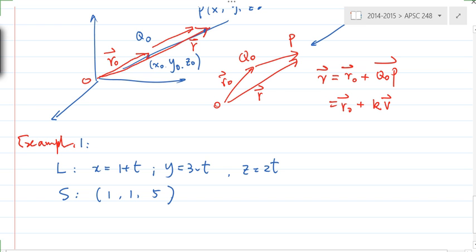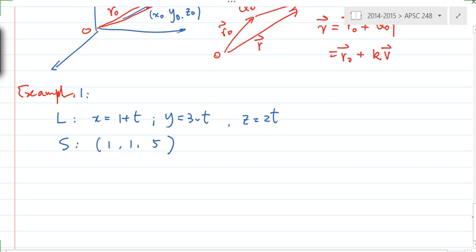What we want to find is the perpendicular distance from this point S to this line L. Okay? So this is the line L, and this is S. We want to find the perpendicular distance to the line L.